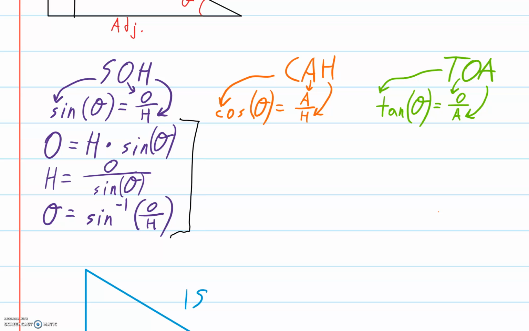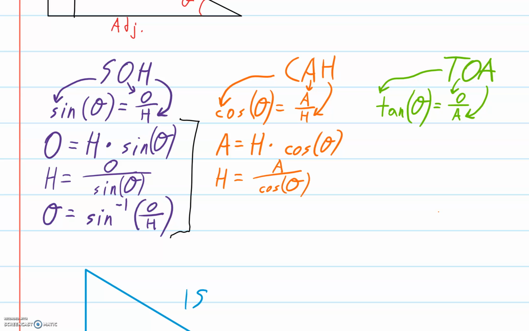Now let's take a look at the next option. It's going to be the same format, I'm just going to move things around. So H gets multiplied to the other side, and you're left with H times cos theta. The next option would be to have H by itself, so we'd have A on top divided by cos theta.